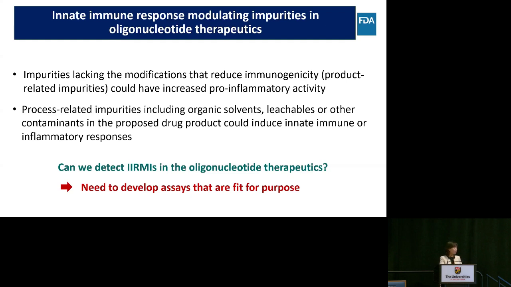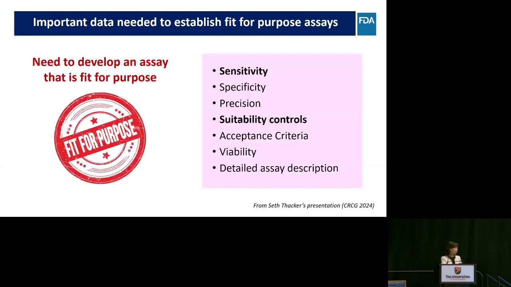For that, we need to develop assays that are fit for purpose. So yesterday, Dr. Thacker explained about these fit-for-purpose assays for the RMI and pointed out some data needed to be established and considered. This includes sensitivity, specificity, precision, suitability controls, acceptance criteria, variability, and so on.